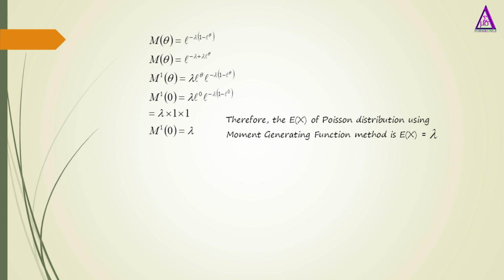So to obtain the expected value of the Poisson distribution using the moment generating function method, we need to differentiate the moment generating function we obtained before, which is e^(−λ(1 − e^θ)).